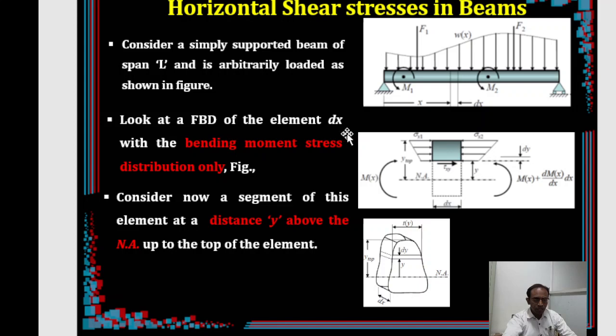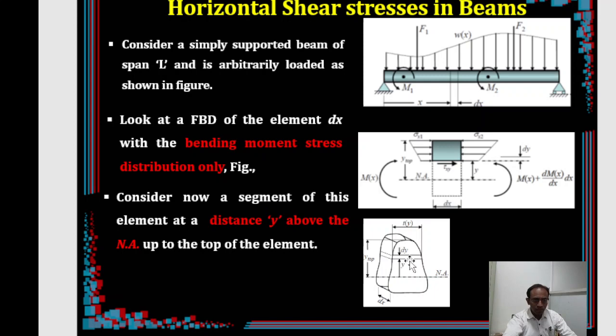Now we have considered the free body diagram and represented the forces. Now consider a segment of this element at distance y above the neutral axis. This is how we can draw the cross section of that particular element. So this is at a distance y, and you have a strip.